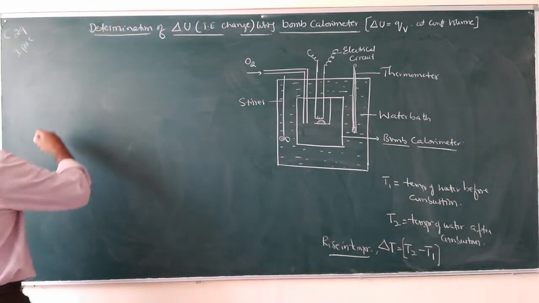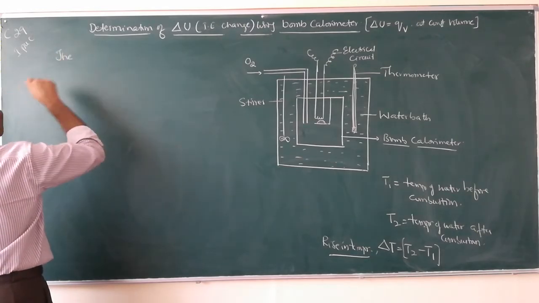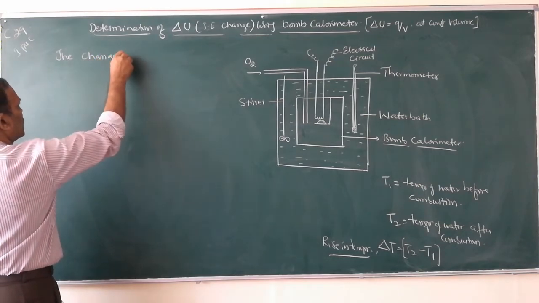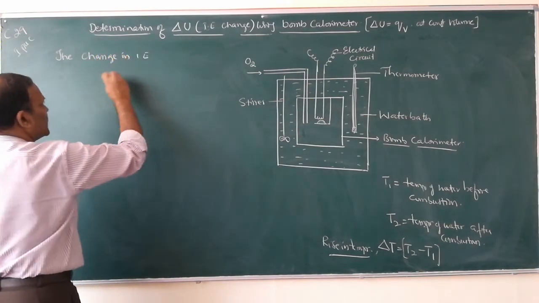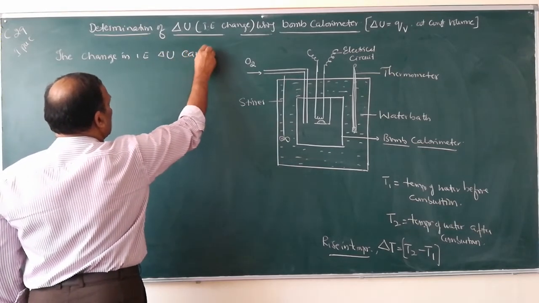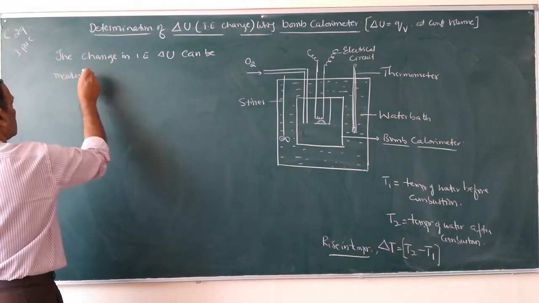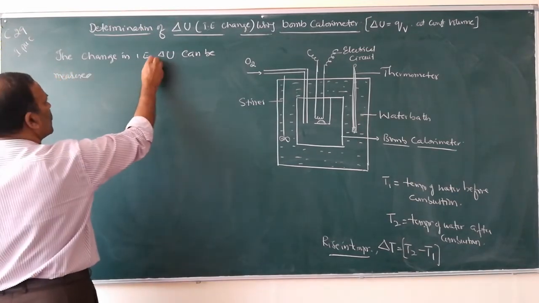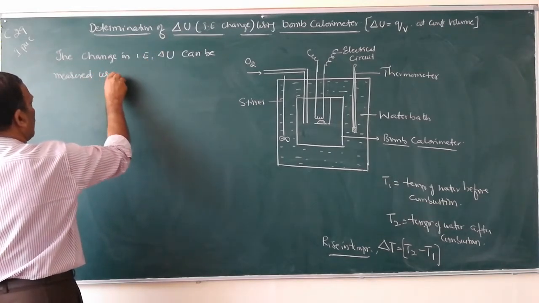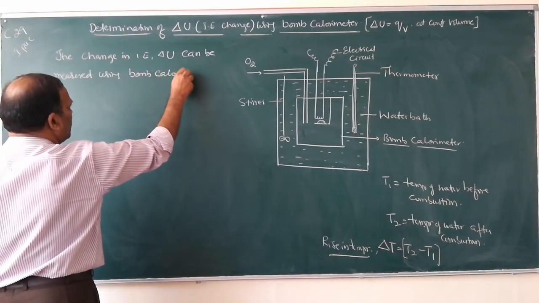So write down first. The change in internal energy, delta U, can be measured using bomb calorimeter.